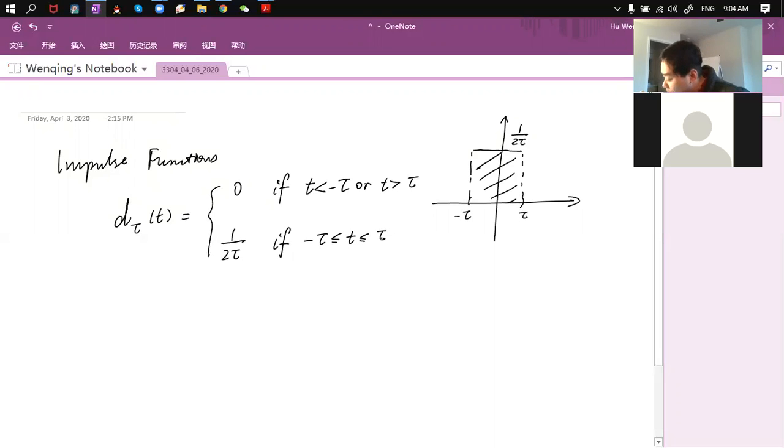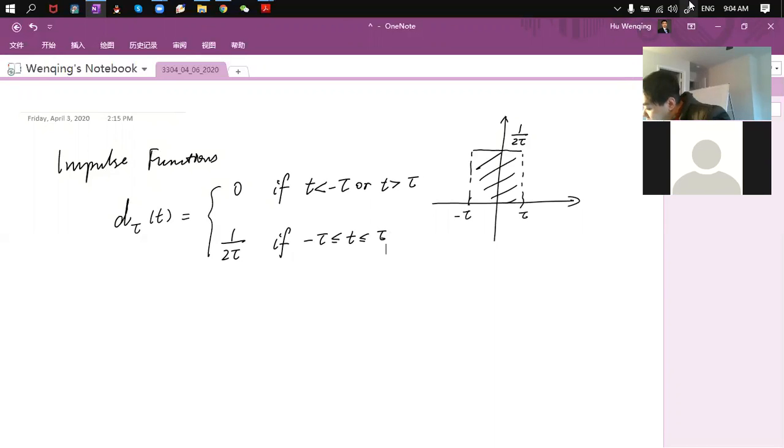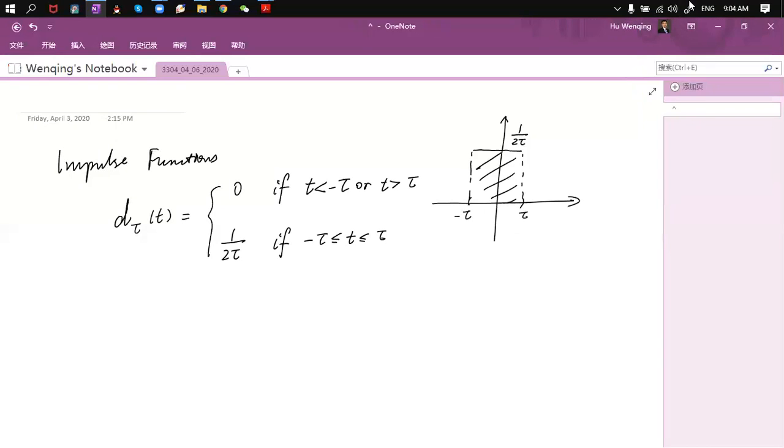Now the important property of this function lies in the fact that the integral from minus infinity to plus infinity of d tau of t dt is just equal to 1, right?